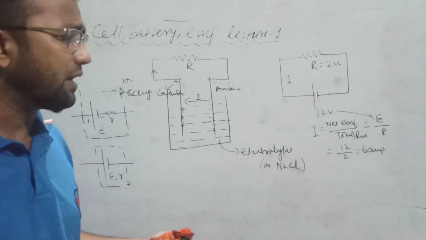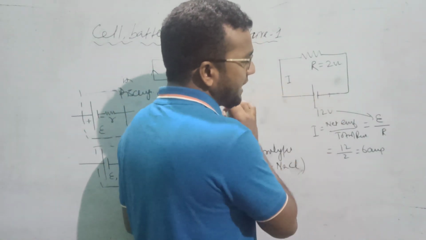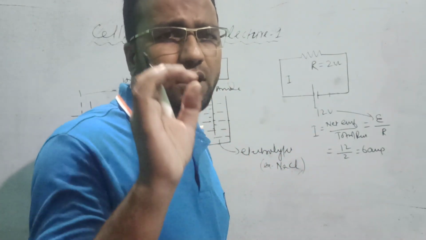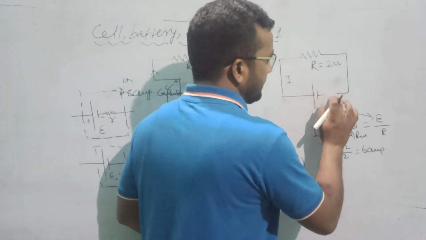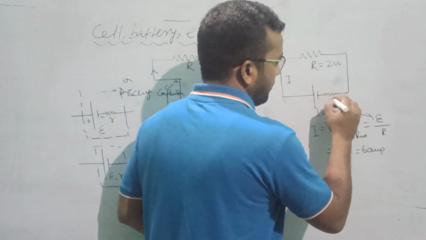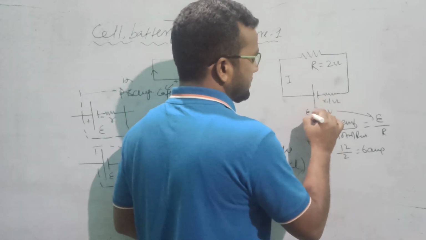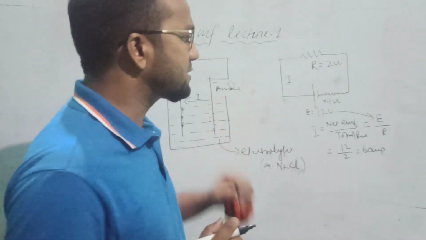Now another example. Suppose that in a numerical it is given that a cell having a small value of internal resistance, say 1 ohm, it is small r, it is E. Then find the current in this circuit.